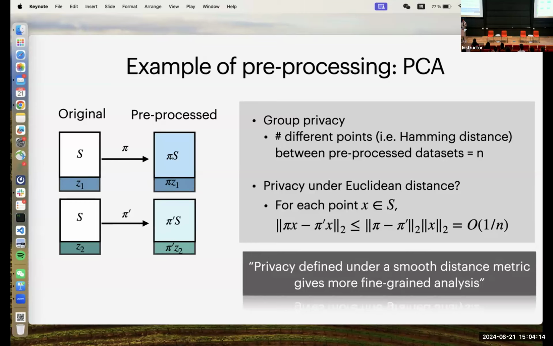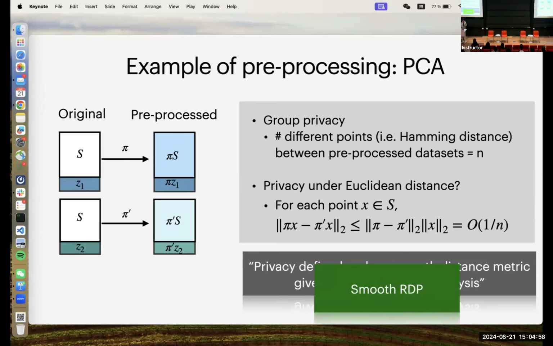But this low pointwise Euclidean distance is not utilized by the original privacy definition, because the privacy definition only concerns the number of points that differ in the datasets. So we think perhaps we could define another privacy notion under a smooth distance metric, and perhaps we could have better analysis there.